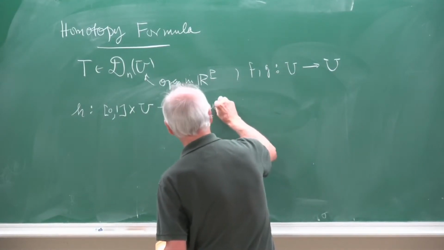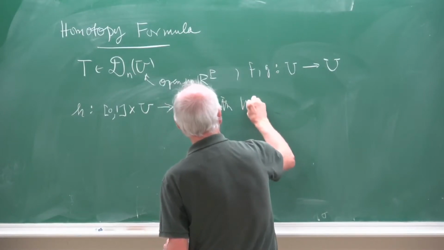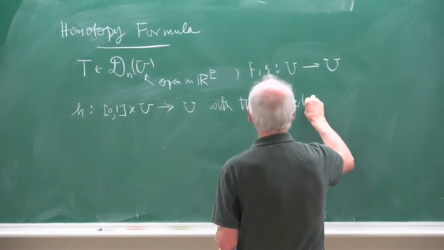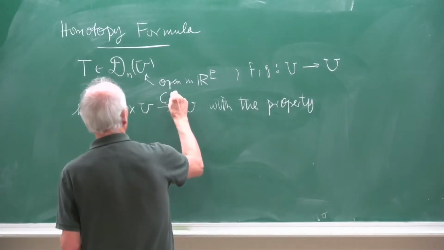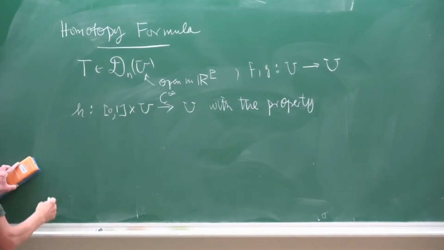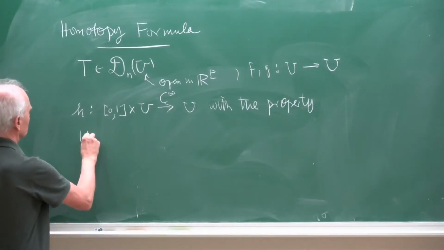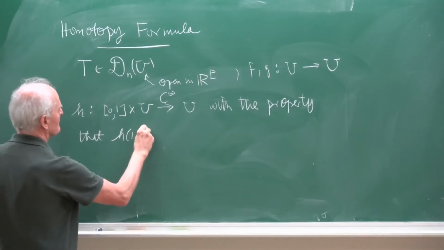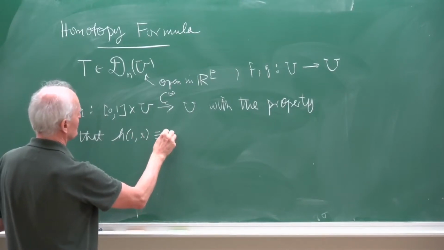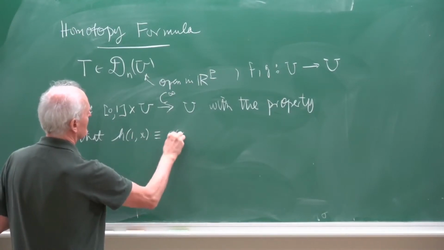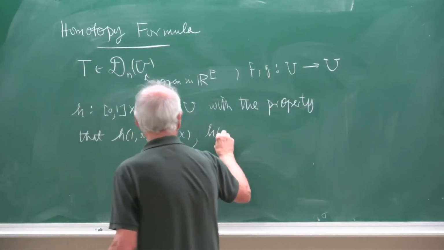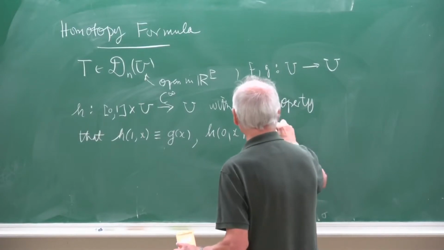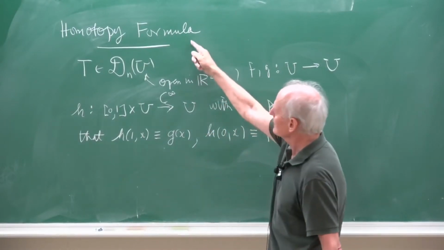with the property, rather, this should be C infinity, and it should have the property that h of 1, x is identically equal to g of x, and h of 0, x is identically equal to f of x. So you see, that's why the word homotopy.